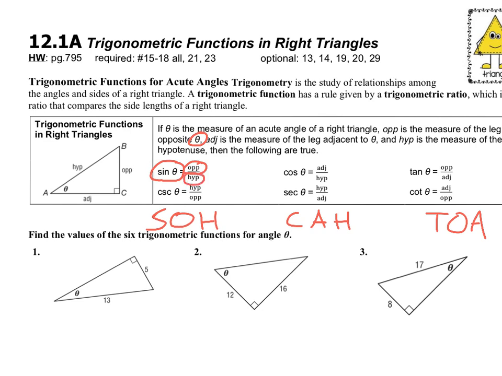So the sine of that angle equals the opposite length divided by the length of the hypotenuse. The cosine of that angle is going to equal the length of the adjacent side divided by the length of the hypotenuse. And the tangent of that angle is going to equal the length of the opposite side divided by the length of the adjacent side.